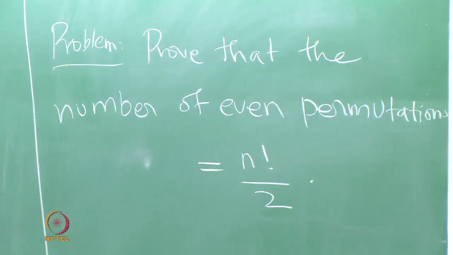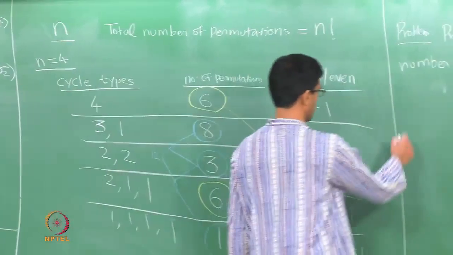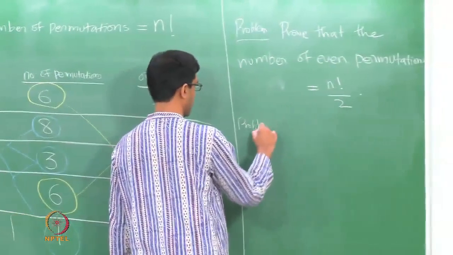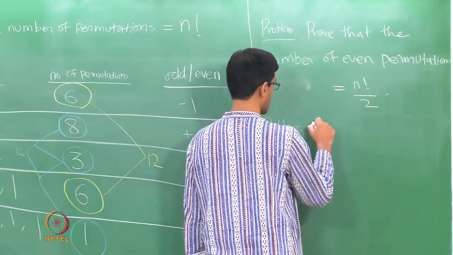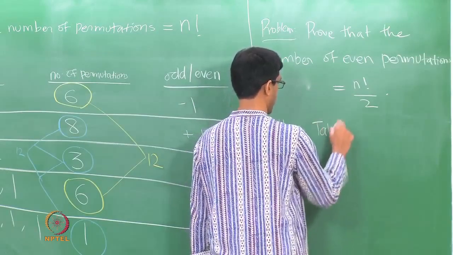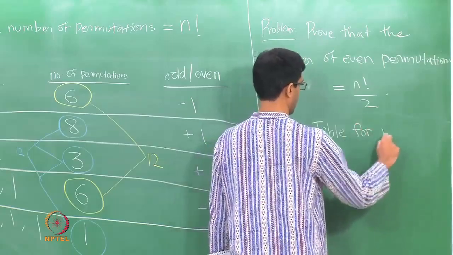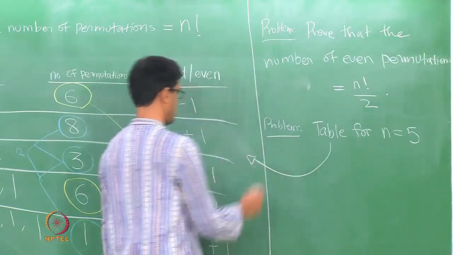And another exercise is to try and work out this table that I just did for n equals 5. So here's another exercise problem that I'd like you to try out: work out this table. Write down the entries of this table for n equals 5, the same table that we just drew.